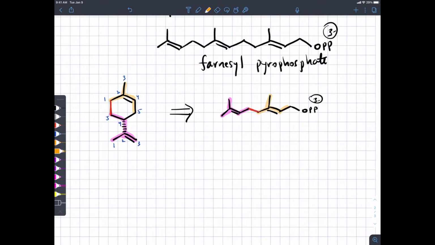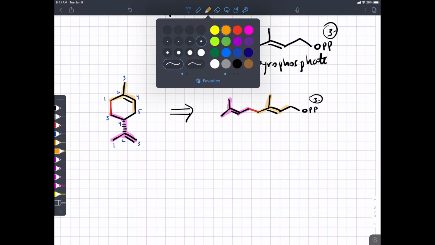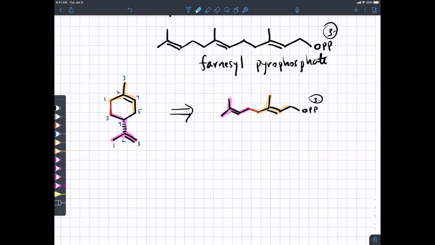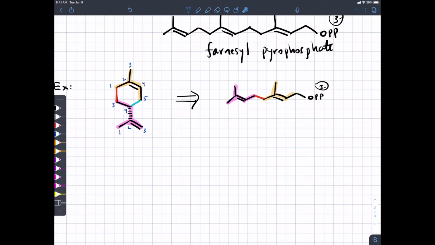And then in our lovely light blue color is a sigma bond that we're going to need to make between carbon 5 of the orange unit and carbon 4 of the pink unit. So this gives us an idea of what we have to do in this mechanism. We're not going to worry about making the bond between 5 and 1 because that's already done for us.